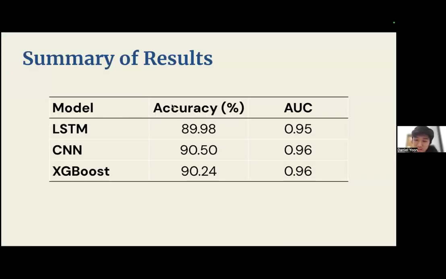In this table on the slide, you can see the accuracies and AUCs are actually pretty similar across the board. But in our opinion, we thought the CNN performed the best just because it had the highest accuracy and it also had the highest AUC.